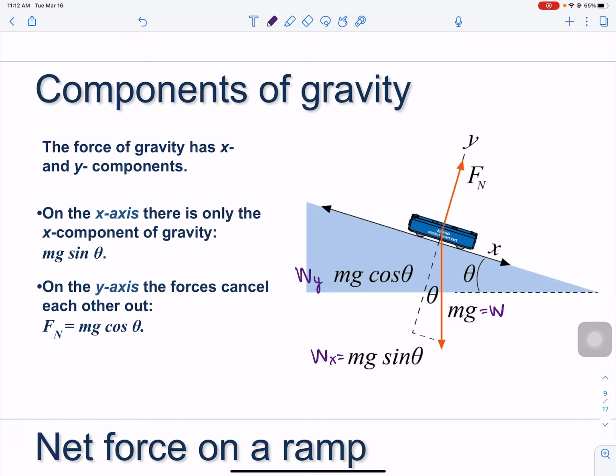Now, if we look at the net force in the y direction, the forces acting are the normal force going up, and then a y component of the weight, and this is equal to 0 because there's no motion in the vertical direction.